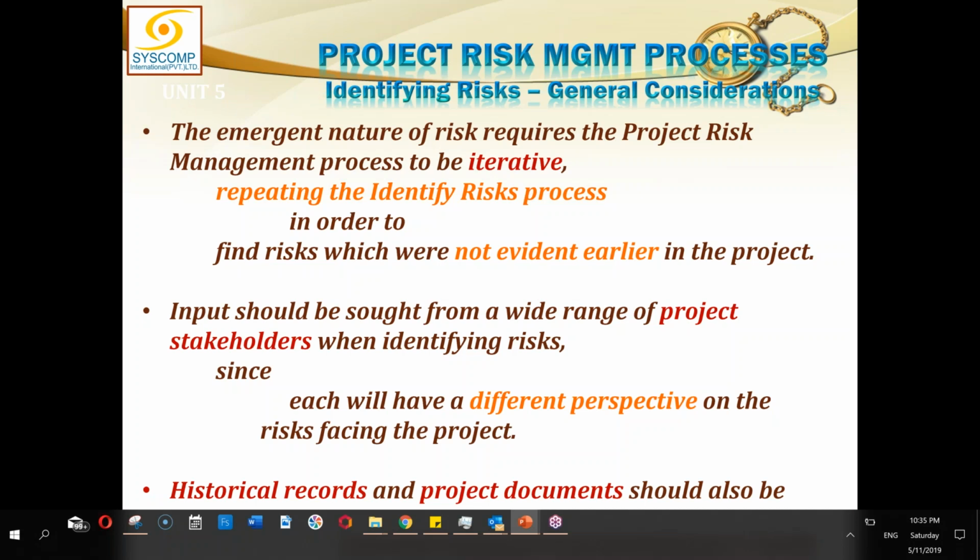Input should be sought from a wide range of project stakeholders when identifying risks, since each will have a different perspective on the risks facing the project. So that is very good, those stakeholders who have different perspectives and different views. I am getting back to them, and I am continuously in touch with them, and they are helping me identify more risks.